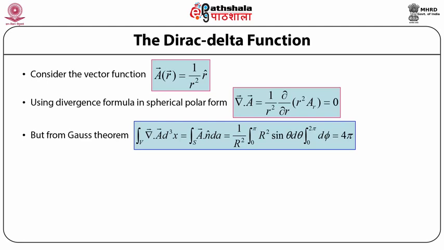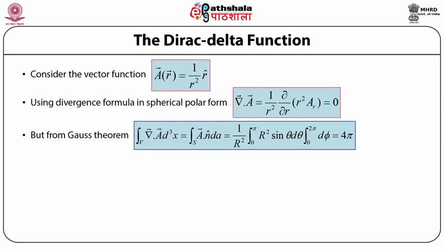This turns out to be equal to 1 by r square times the integral from 0 to pi of sine theta d theta times the integral over d phi from 0 to 2 pi, which turns out to be equal to 4 pi.